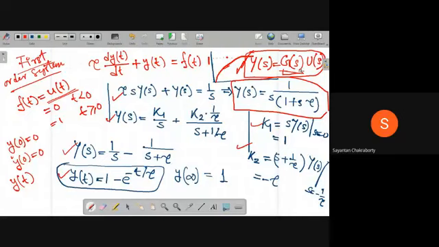Rather, you can have the expression of Ys directly if you have the knowledge of Us, and from that expression you can infer the nature of the response by looking at the roots of the characteristic equation, that is, the roots of this Gs. That is called the poles of Gs. By looking at the poles of Gs, you can have an idea about the response of the system.